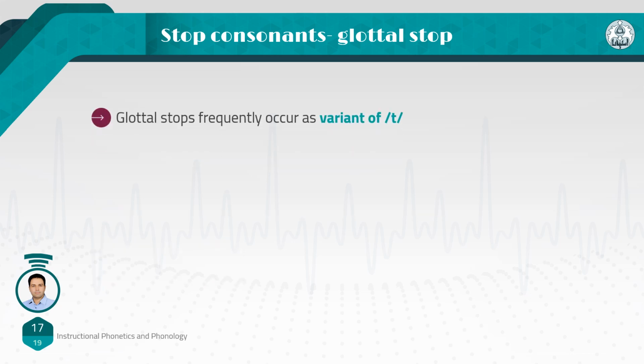Glottal stops frequently occur as allophones of t, or as variants of t. Probably most Americans and many British speakers have a glottal stop followed by a syllabic nasal in words such as beaten, kitten, and fatten.